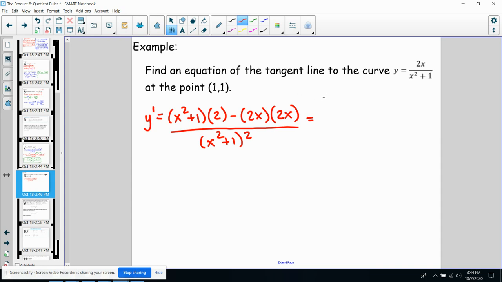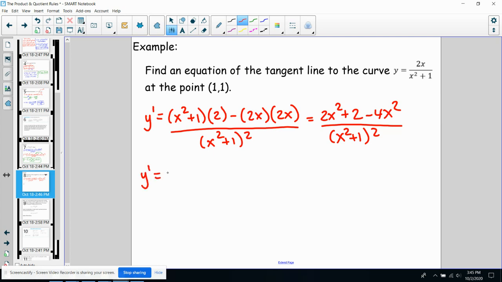Okay, so I'm going to multiply the 2 on the top here, so I have 2x squared plus 2, and then I have negative 4x squared over x squared plus 1 squared. So we can combine these together a little bit.